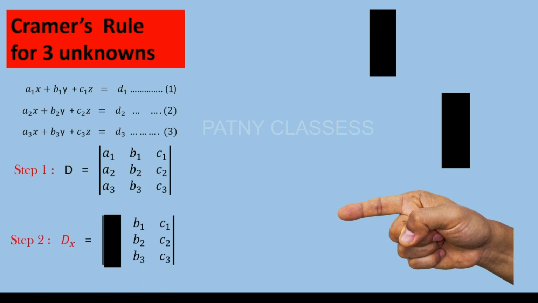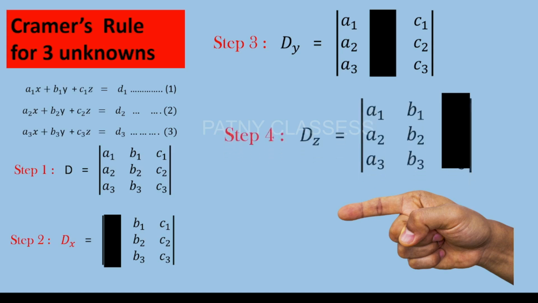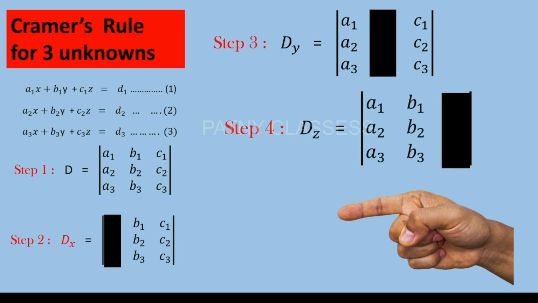After that, Dx, Dy and Dz: while finding Dx, we replace a1, a2, a3. While finding Dy, we replace b1, b2, b3. And while finding Dz, we change the values of c1, c2 and c3.